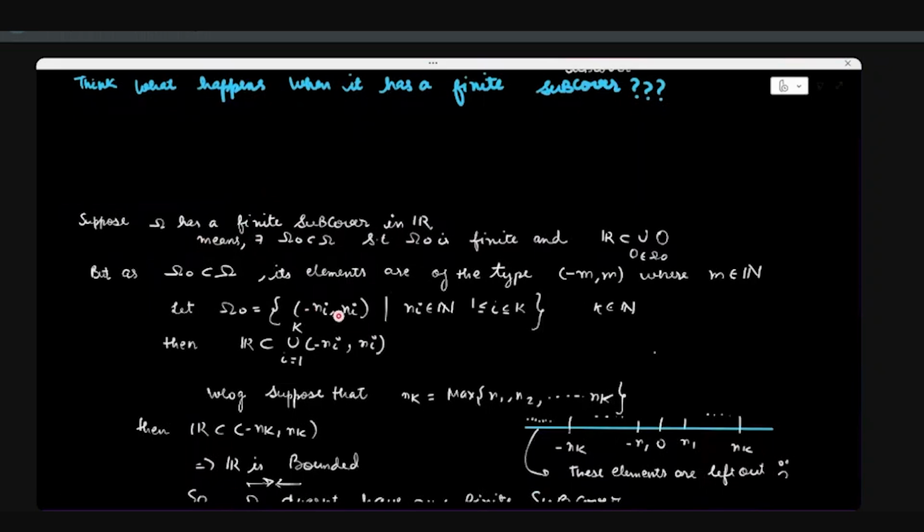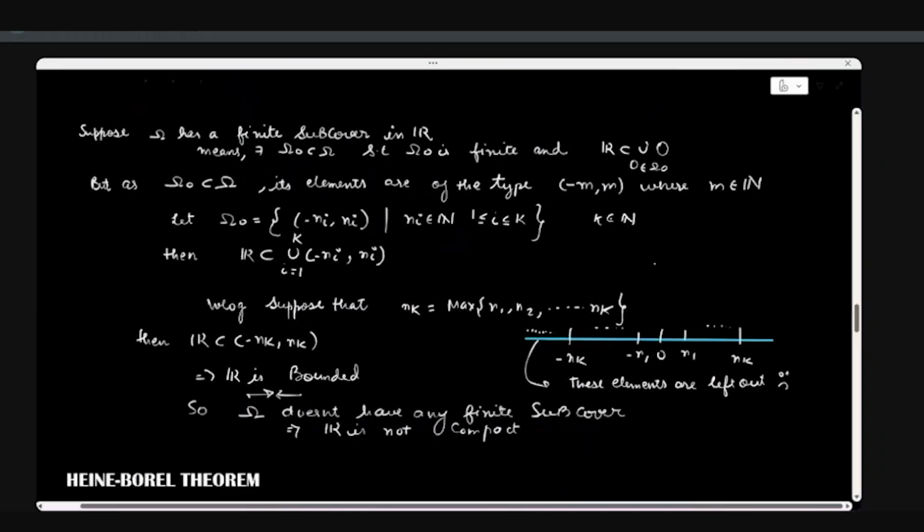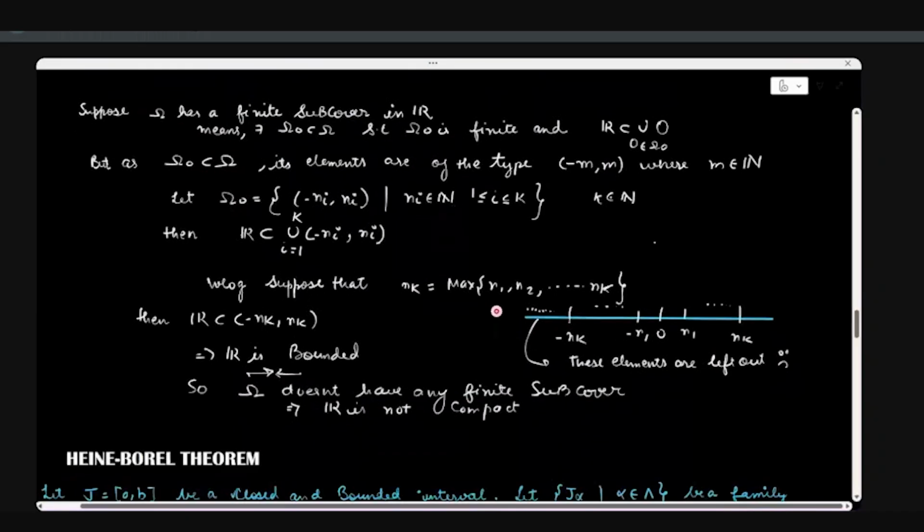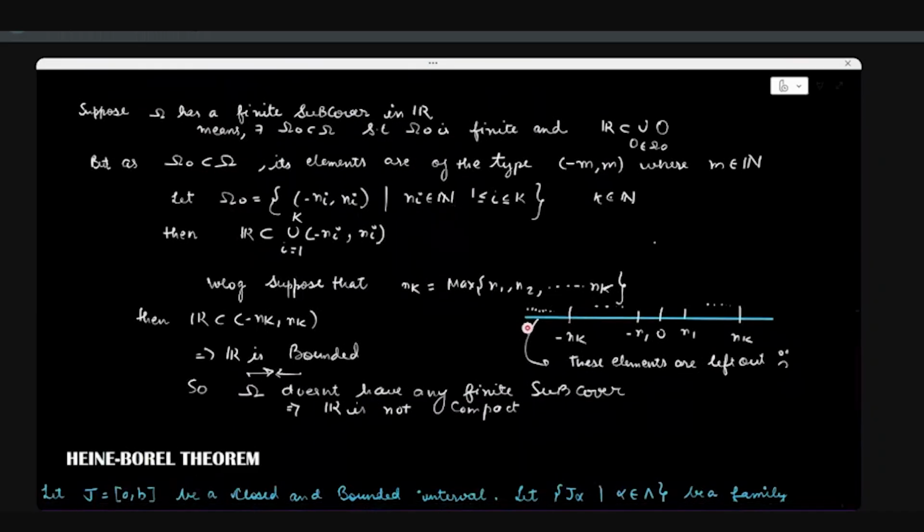This means there are some finitely many n_i's, let me name them n1, n2, up to nk, such that the reals are contained in the union of those intervals (-n_i, n_i).